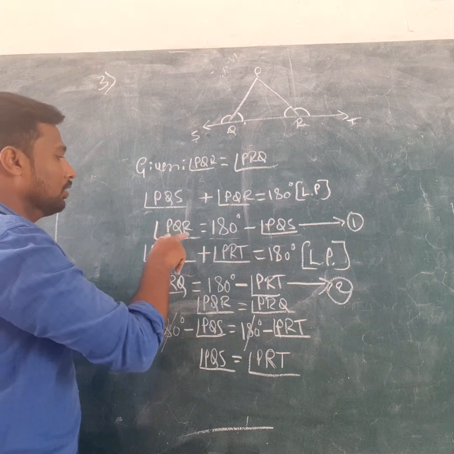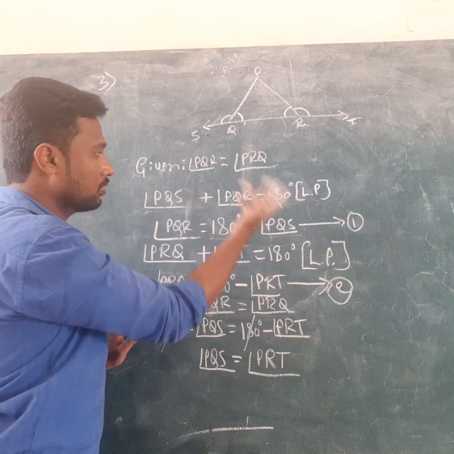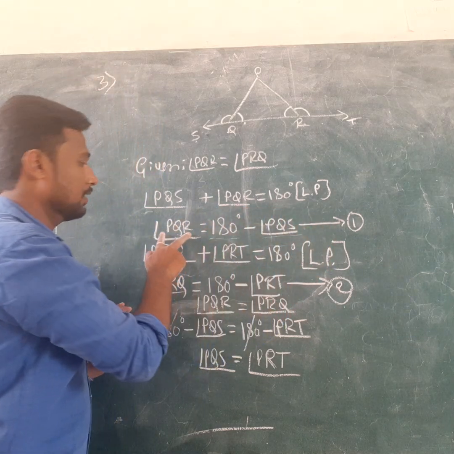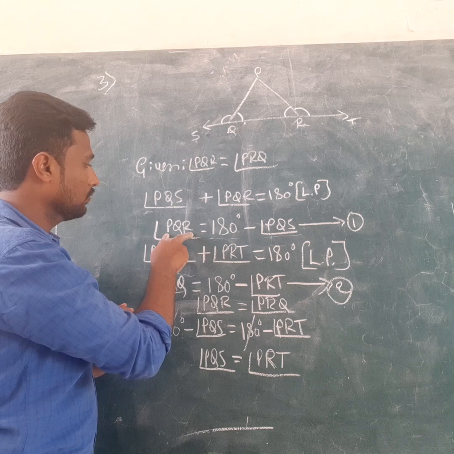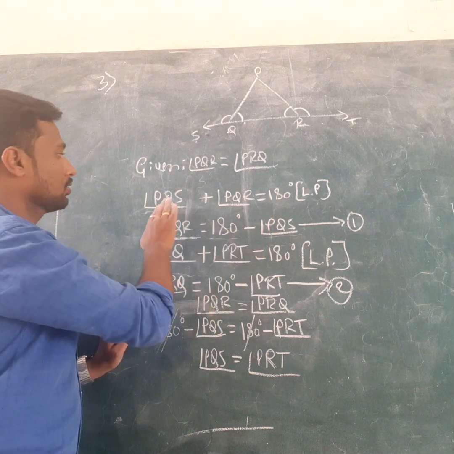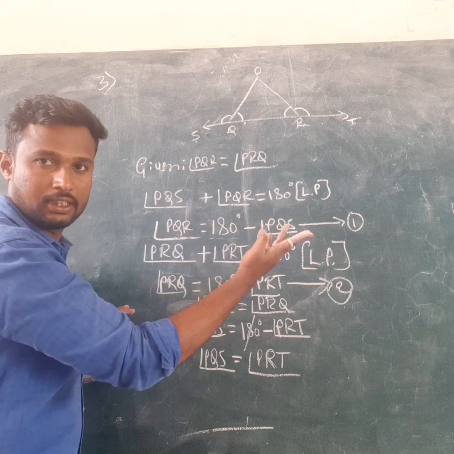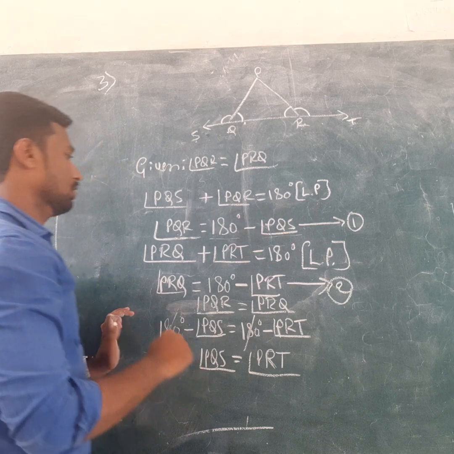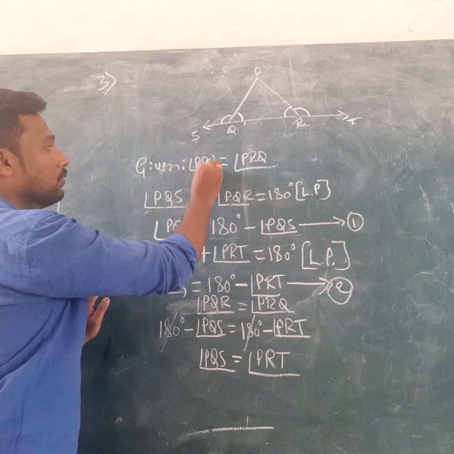Now I will move this PQS to right hand side, so I got equation 1 as PQR is equal to 180 degree minus PQS. I got the equation for PQR.